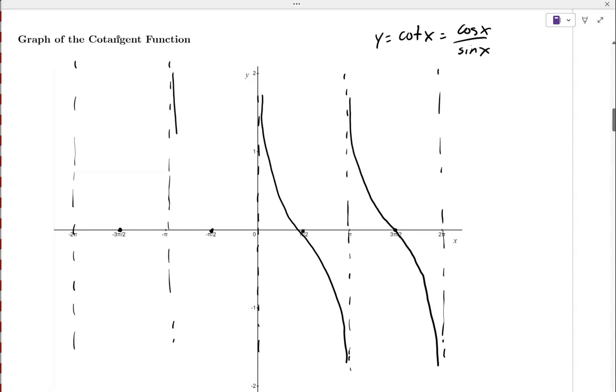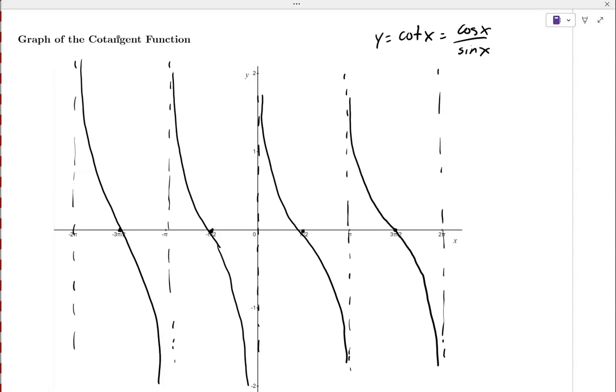And then, of course, we have those repeating pieces again. If you want to be a little bit more accurate, you can plot some points. When we plug in pi over 4, we should be at 1, which means my graph wasn't horribly accurate. But like I said, I'm not as worried about accuracy as I am about basic shape. Basic shapes of graphs can tell you a lot about what's going on here.